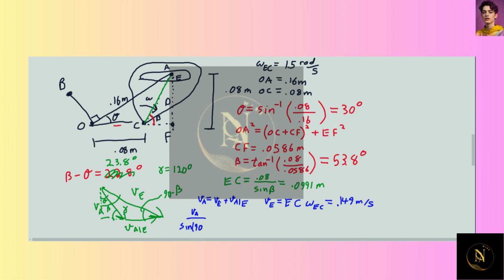Sine of 90 minus beta will equal VE over its opposite angle, which is sine of gamma, which leads to VA equals 0.101 meters per second.